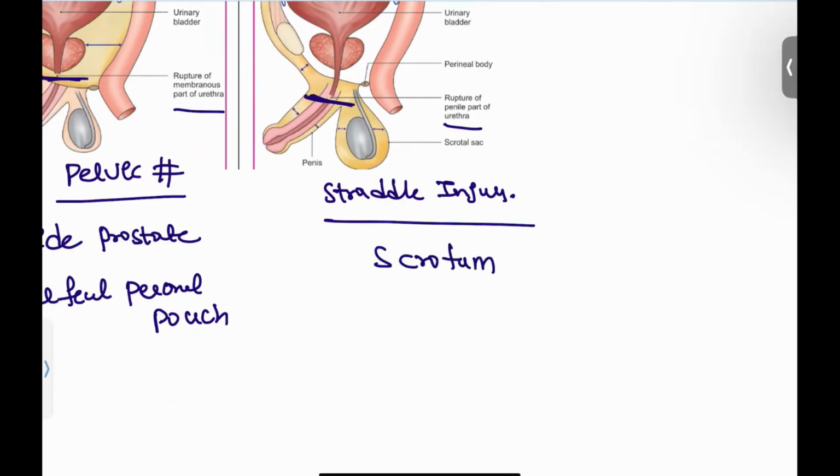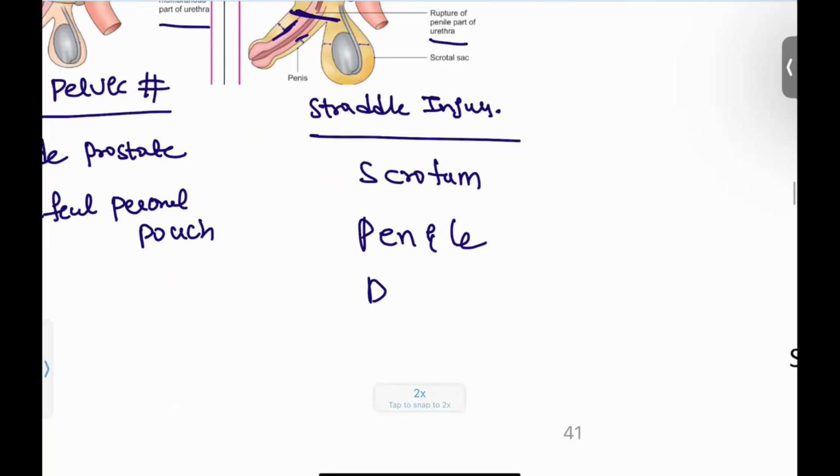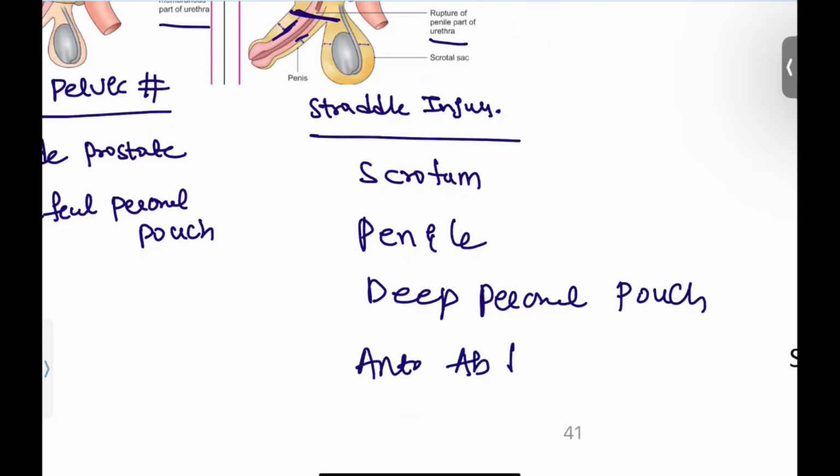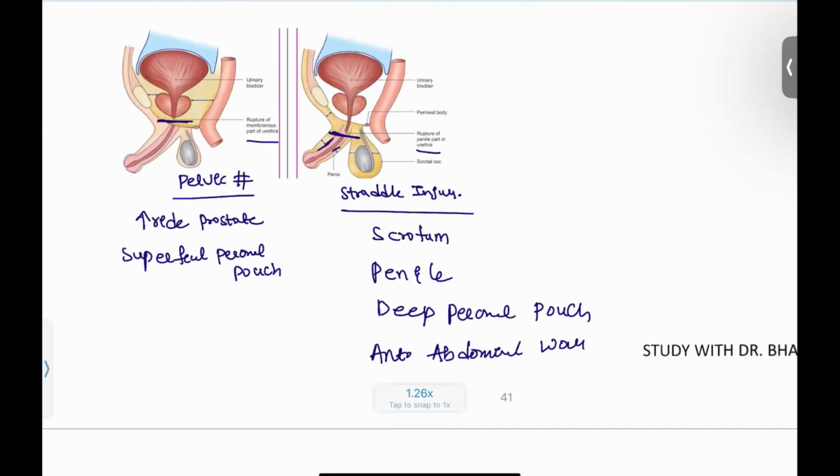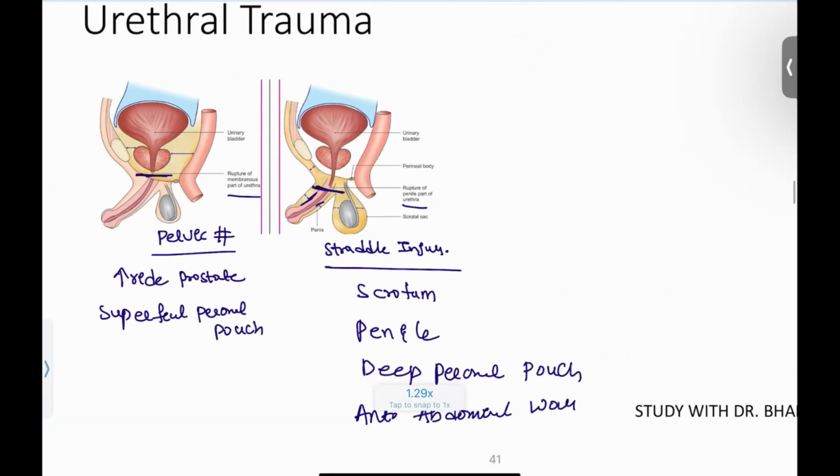And if Buck's fascia is damaged, it also goes into the penile region, the deep perineal pouch and the anterior abdominal wall. So this is where the urine stagnates in the different urethral trauma types.